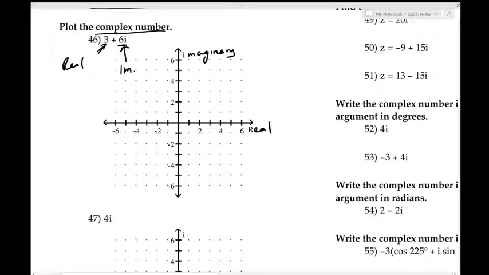In this example, we have the number 3 plus 6i. The whole thing is one number, so we go to the right from the origin 3 units, and then 6 units up in the imaginary direction. Therefore, the point 3 plus 6i is right here, and that's how we plot that point.